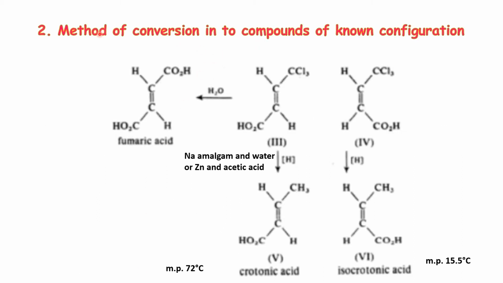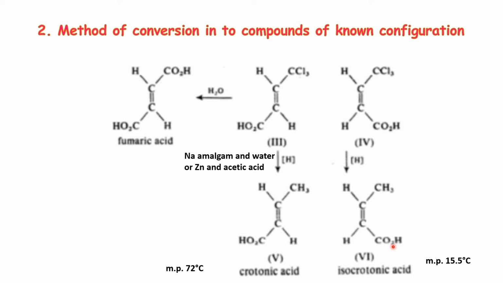Second is the method of conversion into compounds of known configuration. This method will work when you know a pair of isomers like crotonic acid. As you can see, it is the trans form, wherein there are groups like CH3 and COOH on opposite sides, while isocrotonic acid is the cis form.